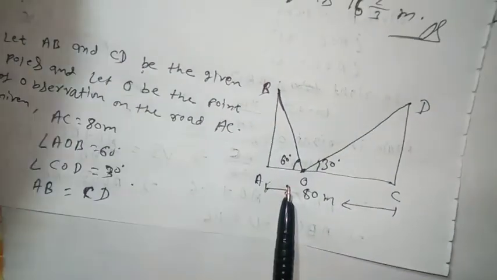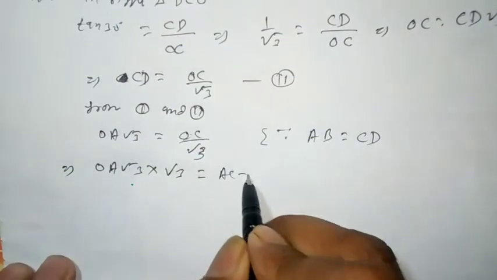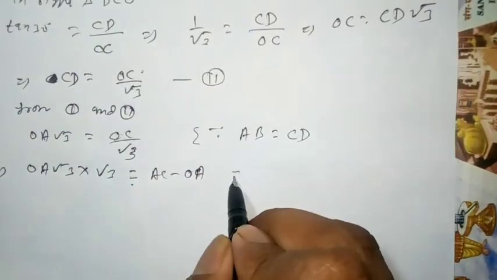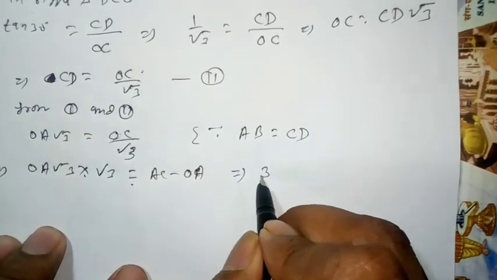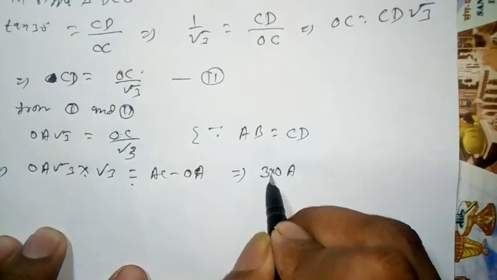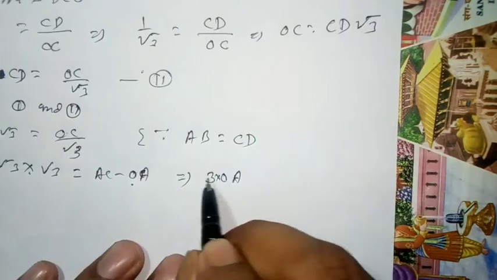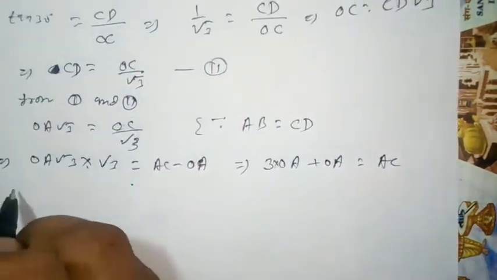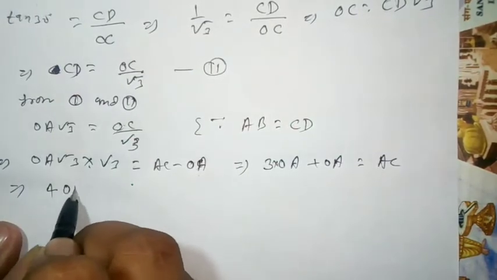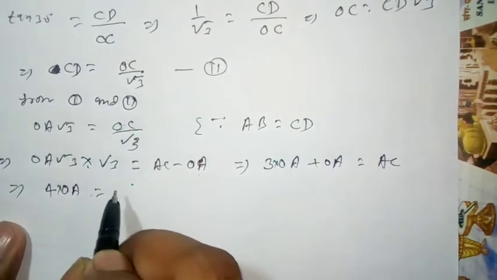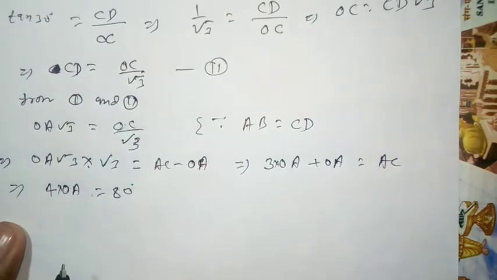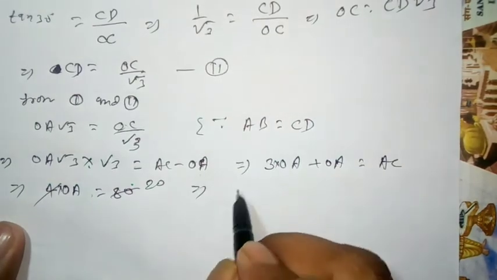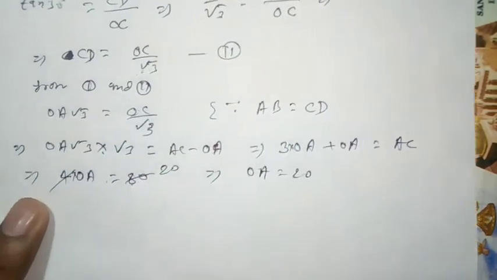Implies 3 OA is equal to AC minus OA, then 3 OA plus OA is equal to AC. Implies 4 OA is equal to 80, the value of AC, then 4 20s are 80. Implies OA is equal to 20.